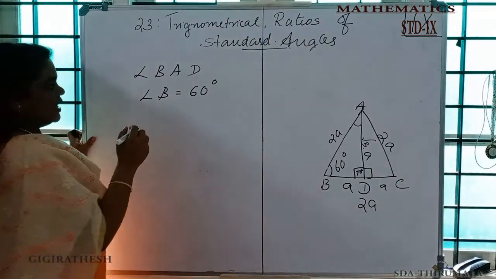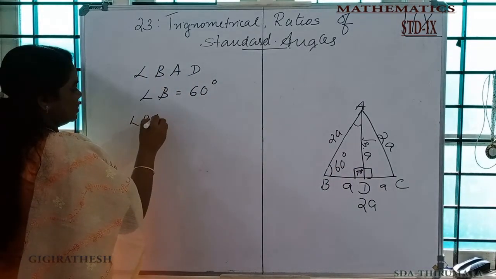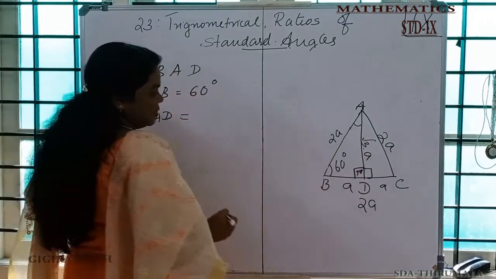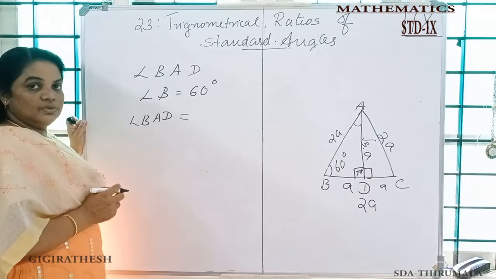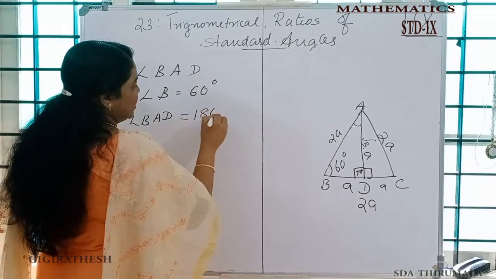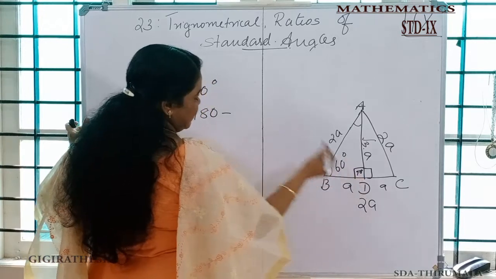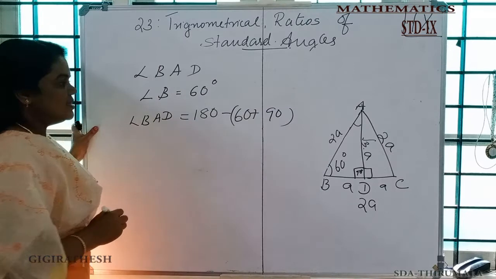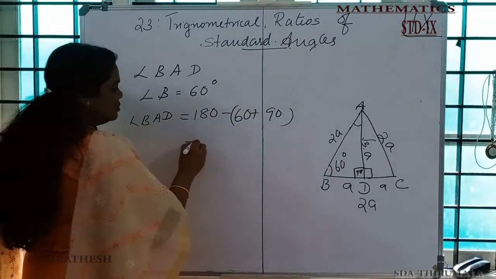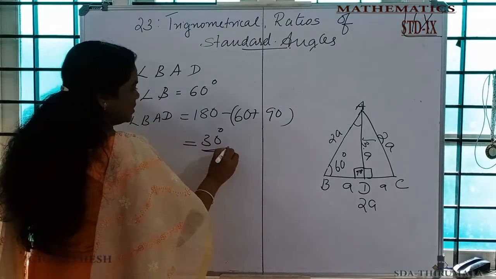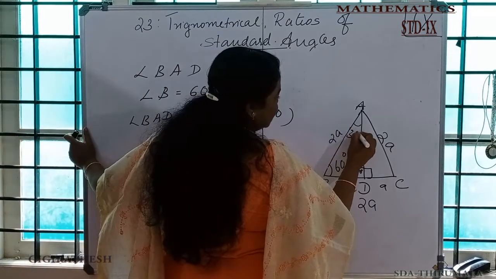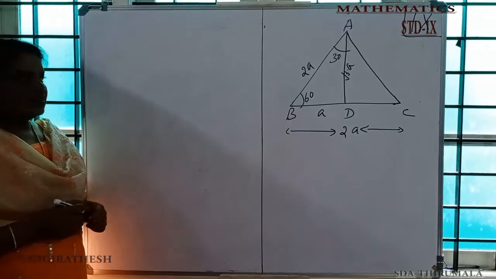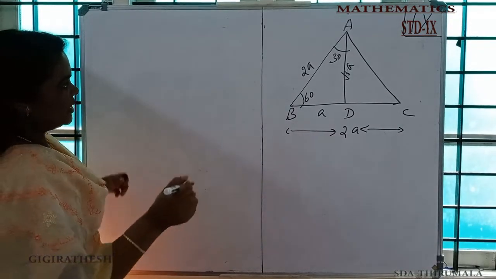Angle BAD, by the angle sum property of a triangle, is equal to 180 minus the sum of 60 plus 90, which is 30 degree. So the value of A is equal to 30 degree, in triangle ABD.